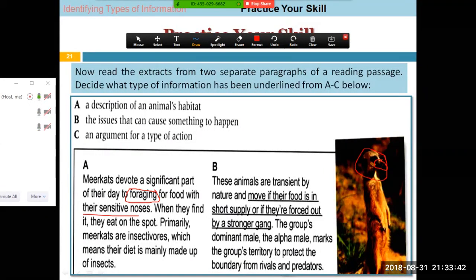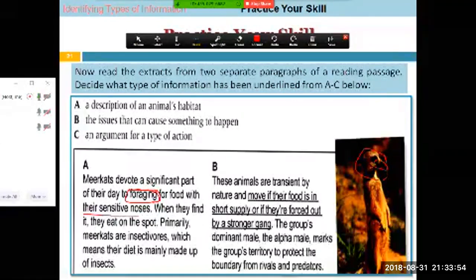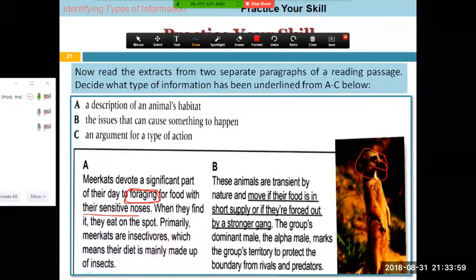So they sniff with their nose to find food on roads, in dust, in soil, right? They try to find their food using their nose in the soil, in the ground.